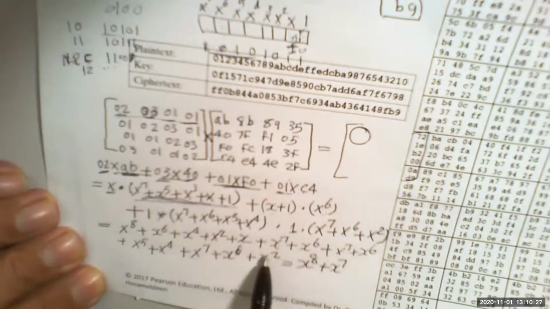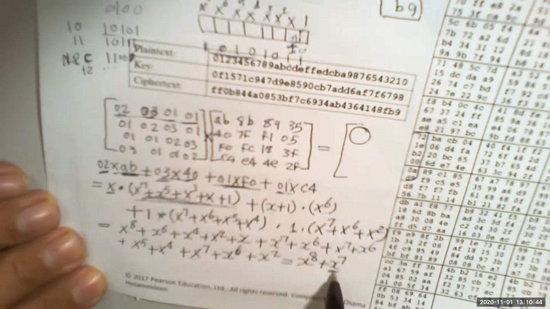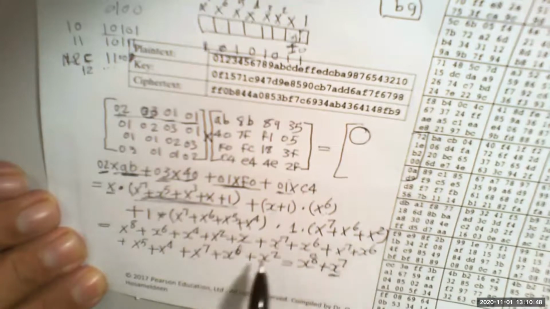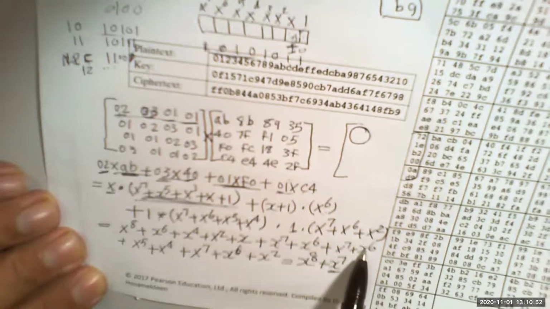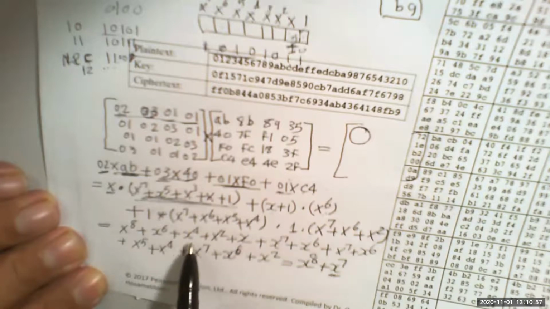So it is an odd number, so it must appear because of XOR. I remind you, by XOR, if it has an odd number, it is 1 or existing. If it is an even number, it is not existing or 0. So x7 is with us. x6, how many x6 do we have? 1, 2, 3, 4. x6 is not with us. What about x5?